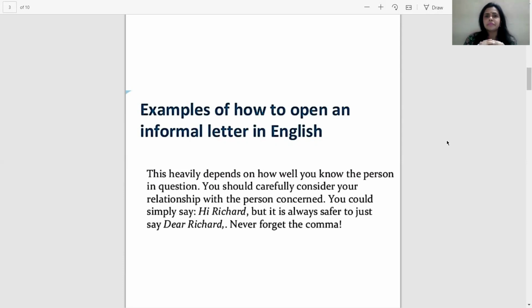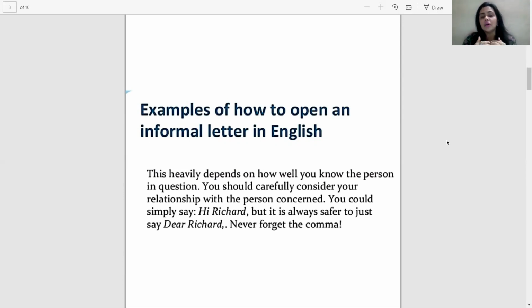And in the third, we go towards the conclusion. We wish the younger people in your friends' or relatives' house, or convey our regards to the elders of the family. In this manner we conclude it.